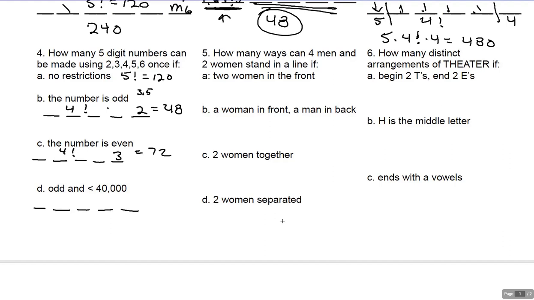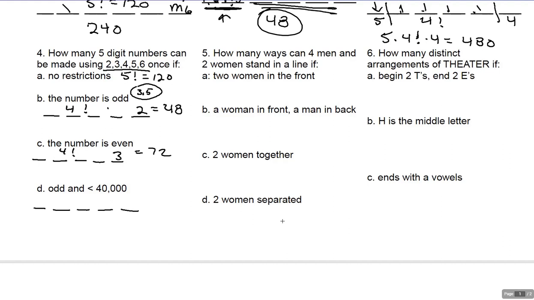If it's odd, we already know that either a 3 or a 5 has to be at the end. But now I've got this new criteria for it being less than 40,000. What numbers can I use in the first digit to make it less than 40,000? 2 and 3. That's true.